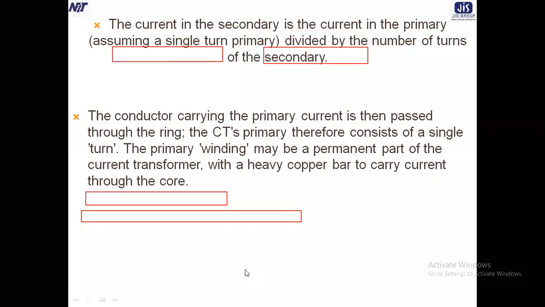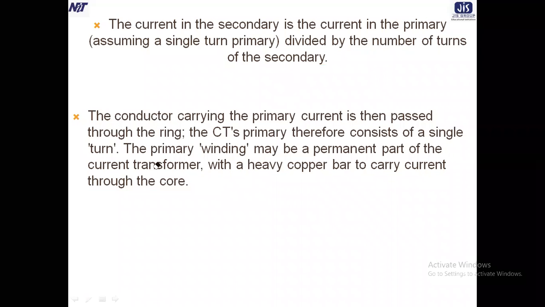Next, you can say the current in the secondary is the current in the primary, assuming a single turn primary, divided by the number of turns of the secondary.